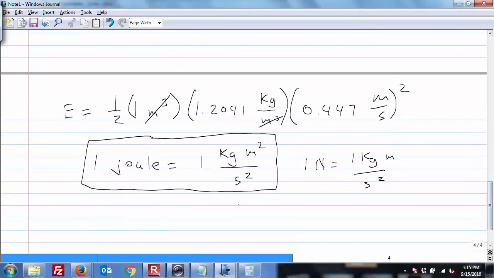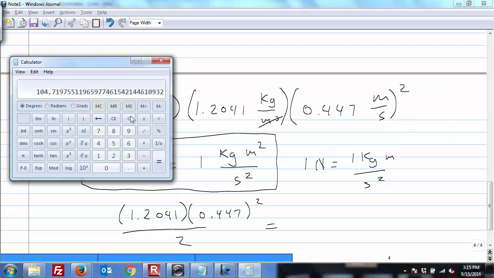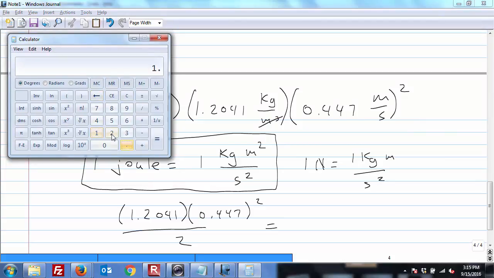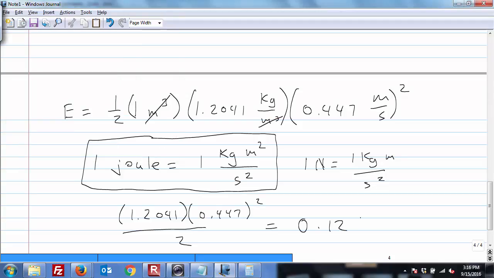So that works out. Now, from there, it's just a matter of saying I've got 1.2041 times 0.447 squared over 2 equals, let's just take it to completion, 1.2041 times 0.447 times 0.447 divided by 2 equals 0.12 joules.